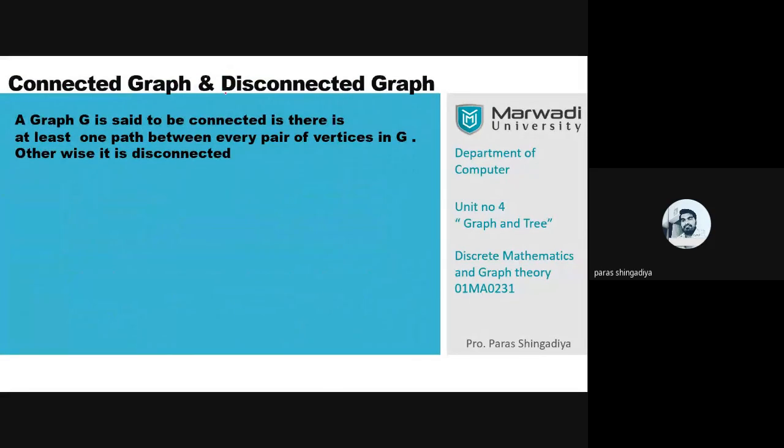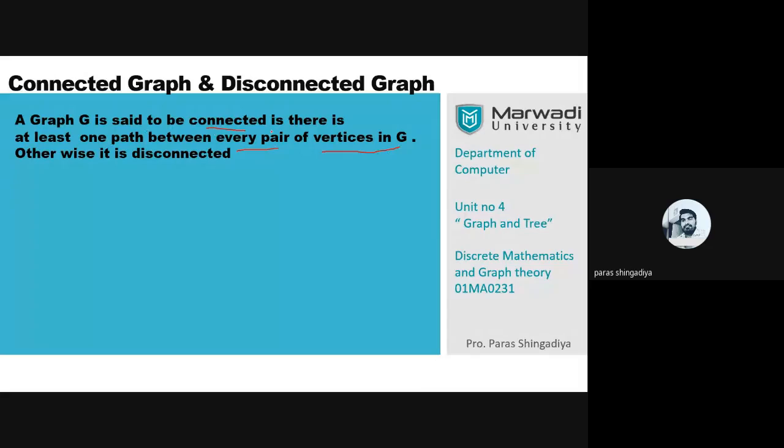And then, connected graph and disconnected graph. What is a connected graph? A graph is said to be connected if there is at least one path between every pair of vertices in G. What is the meaning of that?